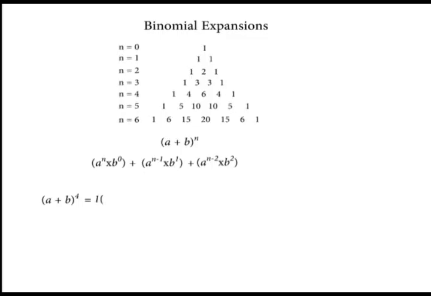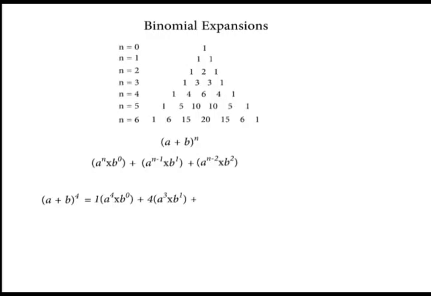So we have 1 times a raised to the power of 4 times b raised to the power of 0. Plus second terms, the coefficient will be 4. A will be raised to the power of 3 this time, times b raised to the power of 1. Notice the powers will add up to n. 3 plus 1 will be 4.